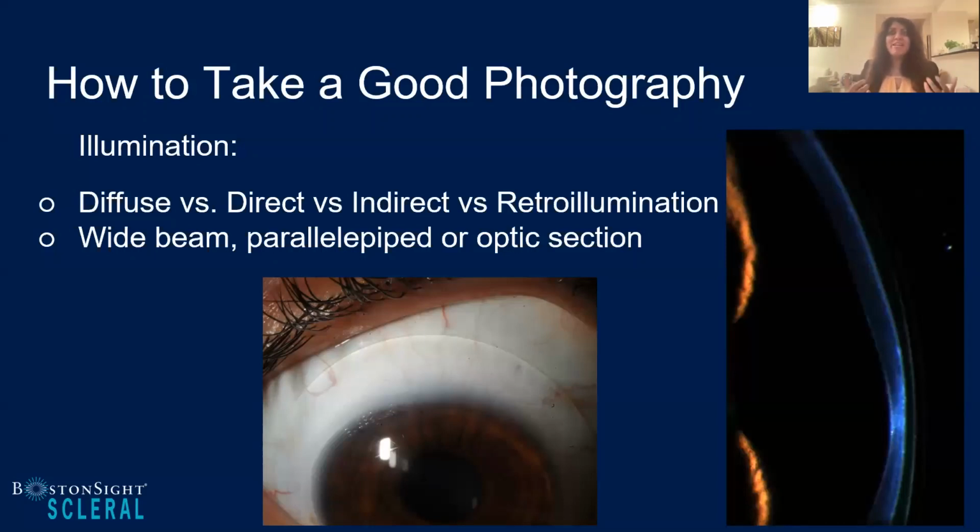And we were joking about all the different features of our slit lamp and how complex they are and how great they are to be able to look at different aspects of the cornea, to be able to look at the fit of the lens while using an optic section, while using indirect light, while using retro illumination to see different shadows. And it's funny because I just don't think about these types of details about the illumination. I just dive in and start doing my slit lamp.